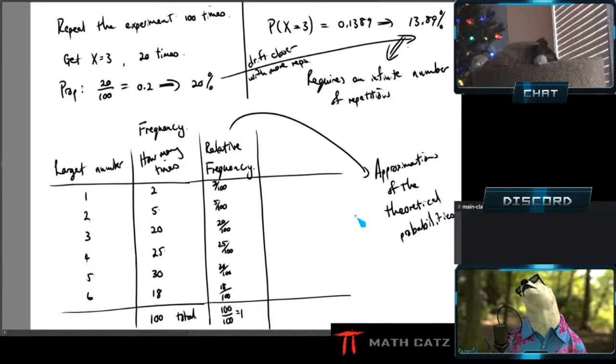Or it could be a situation that has so many components and is so complicated, I cannot calculate theoretical probabilities. It's impossible. Yet, I want to have an idea for what is likely and how likely.